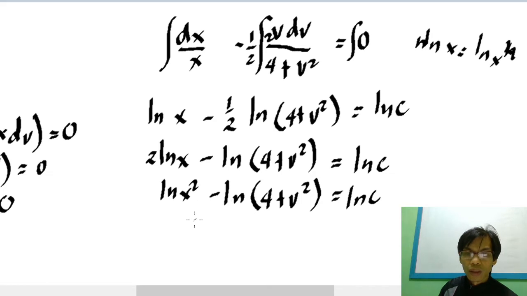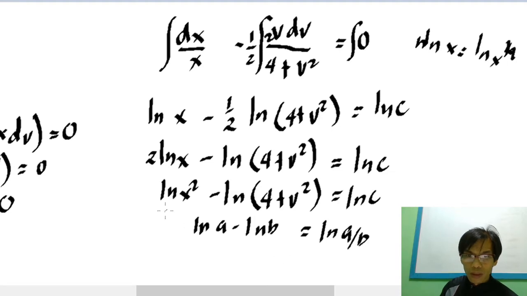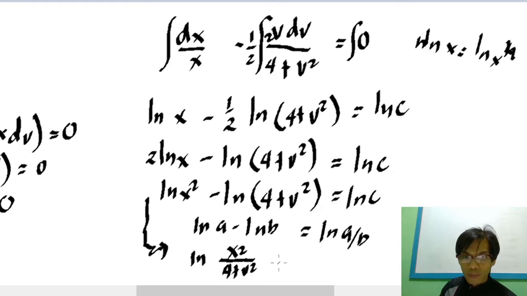In the properties of logarithm, if we have ln of a minus ln of b, that is equal to ln of a over b, right? So we can put that as ln of x squared over 4 plus v squared, and that is equal to ln of c.